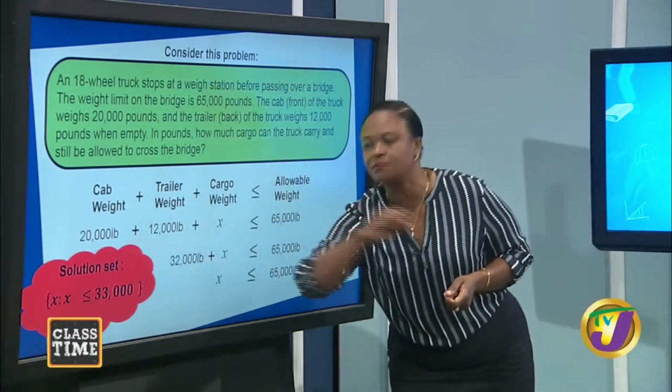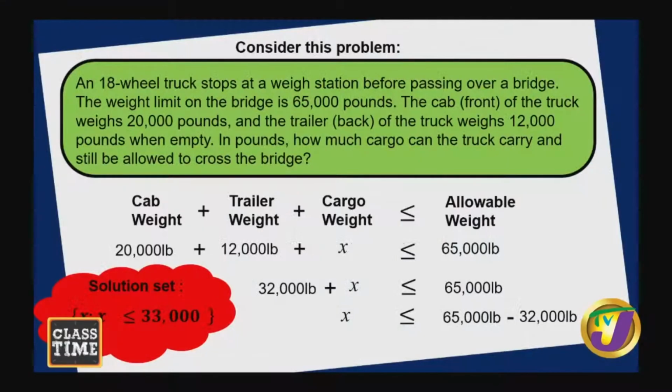Therefore, the solution set is the set of X such that X is less than or equal to 33,000 pounds. So we can have exactly 33,000 pounds, or anything less would suffice.